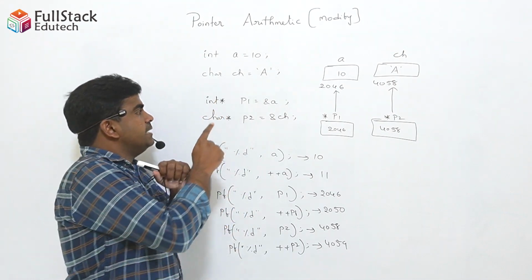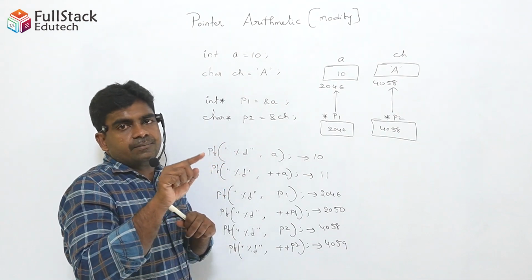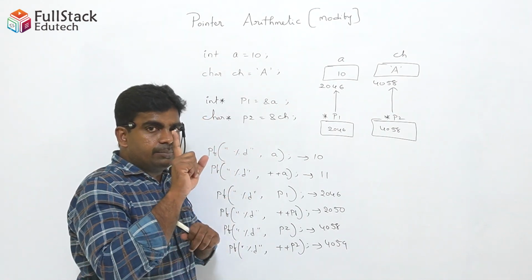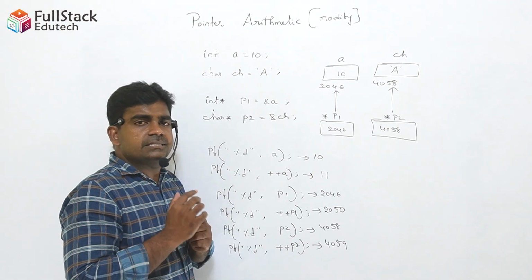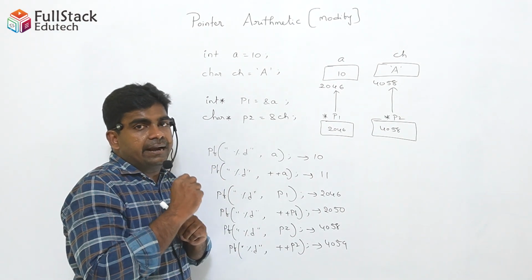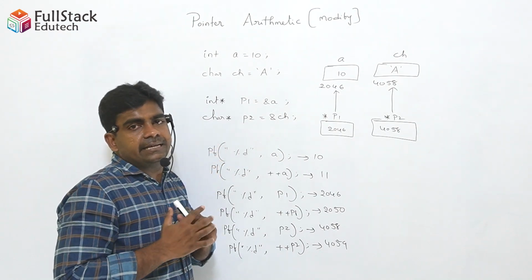Sir, I am increasing an integer pointer. So 4 bytes will increase. Sir, I am increasing a character pointer. 1 byte will increase. Sir, I am increasing a double pointer. Double is 8 bytes. So 8 bytes will increase, by 8 it will increase.